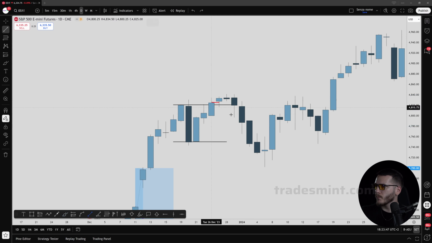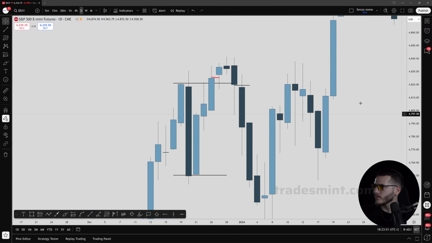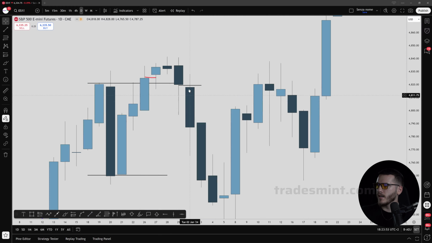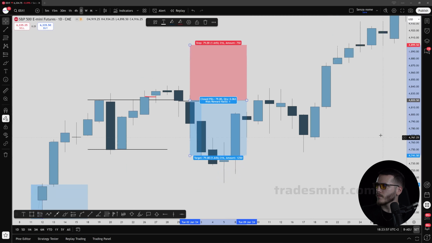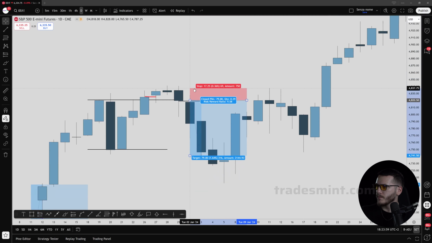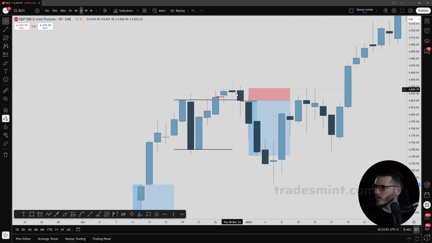But as we close back in with this candle, this is another setup. This is a reversal setup. So we sell when we close back in the range to go to the other side of the range, because this is a failed auction. Okay?